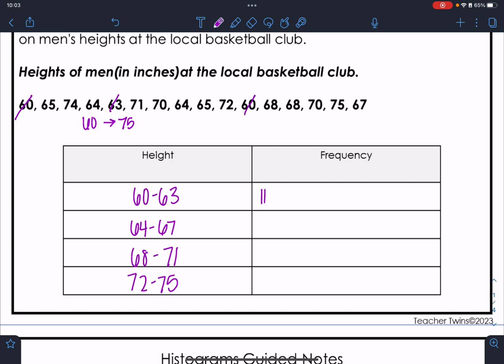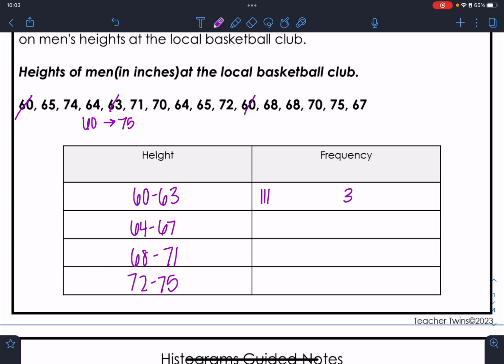Here's another 60, so I can make a tally mark. I don't see any other numbers in my list that are between 60 and 63. All we're doing is counting how many numbers fall within that range given to me, okay? So my frequency would be 3. As long as you understand your tally marks, that's fine.